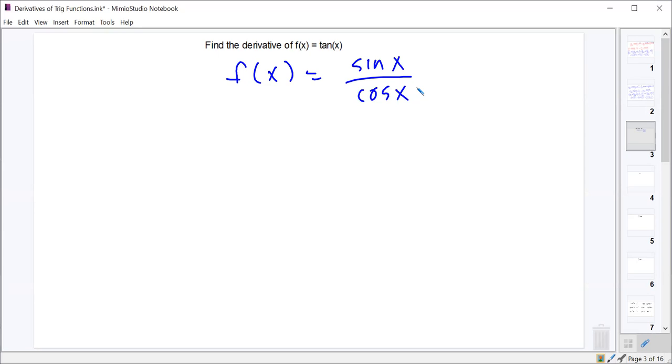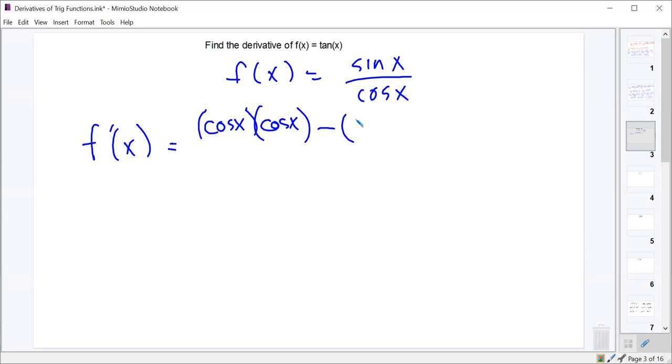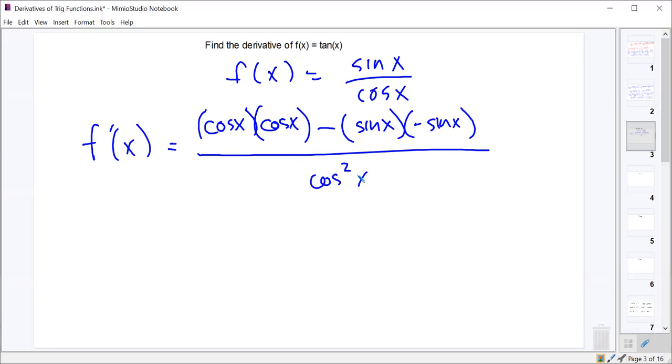So the quotient rule says f prime of x for a quotient should be the denominator times the derivative of the numerator. Derivative of sine is cosine. So v du minus u, sine x, the numerator, times the derivative of v, so the derivative of cosine is negative sine x, all over the denominator squared.